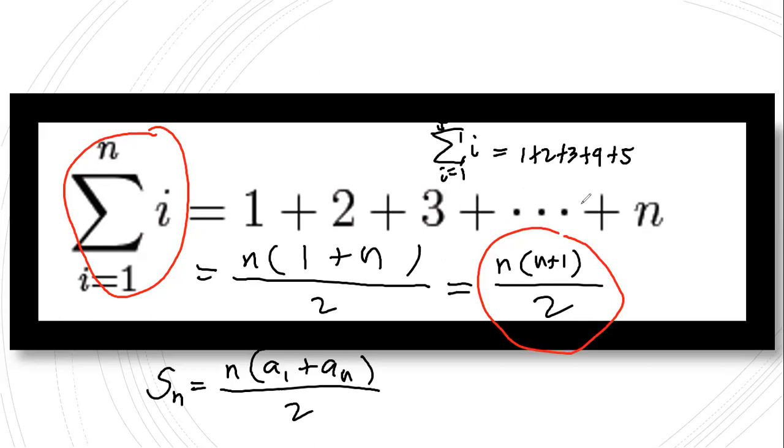It's very easy to solve. The answer is 15. But the problem is, what if you are asked what is the summation of i, where i ranges from 1 until 59? Or for example, let's have here 100.